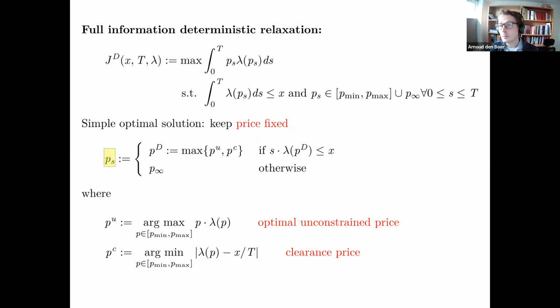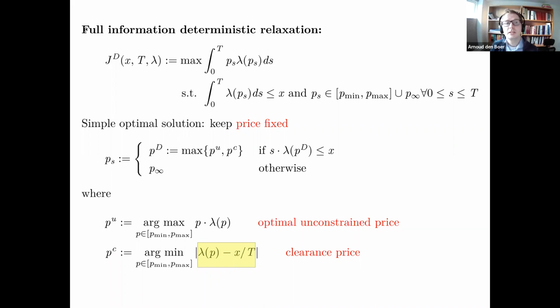The optimal solution is this p^D, which is the largest value of the unconstrained price that maximizes my price times the demand function, and the constraint or clearance price, which is the price such that I run out of stock. If I have lambda(p) times T, that is my demand in expectation in T time periods, that should be equal to X.